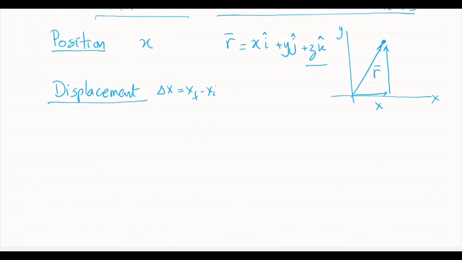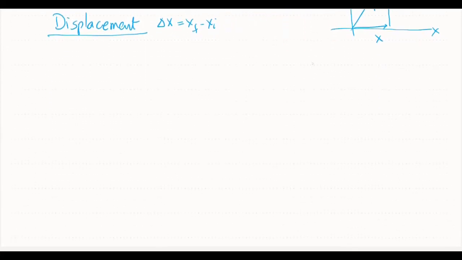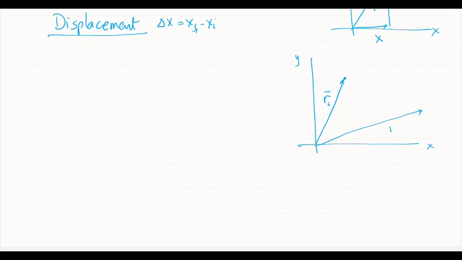In 2 dimensions, if this is the x and y direction, and we have an object initially at r initial, and then it goes to some other point here, r final, from here to here would be the delta r.